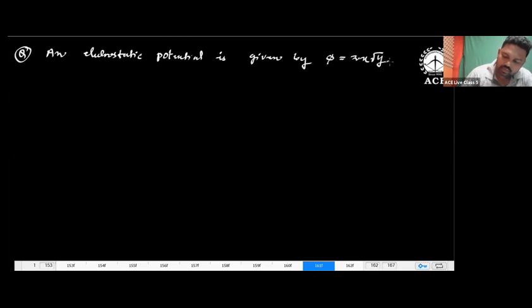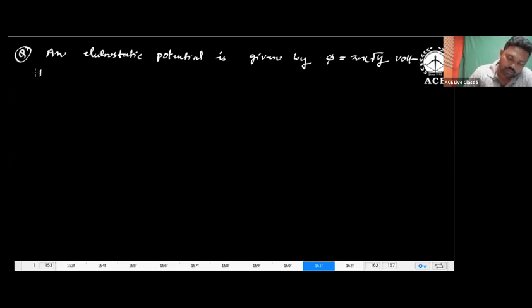An electrostatic potential is given by phi is equal to 2x root y volt. Here it is represented with the phi, beta.